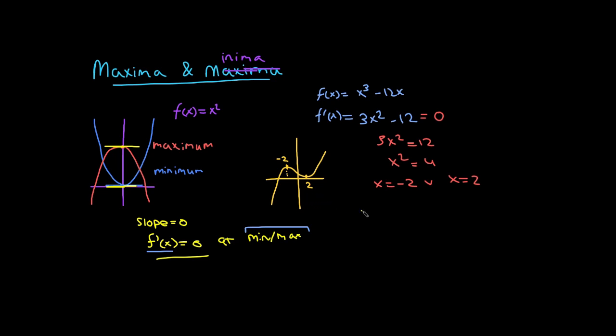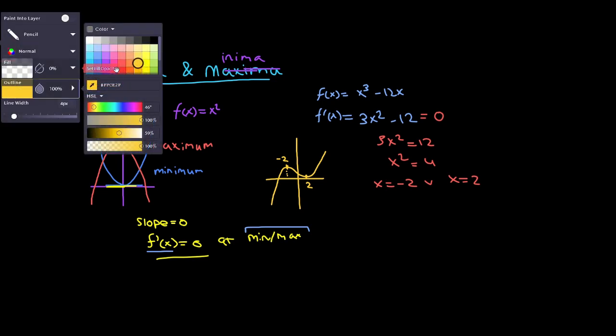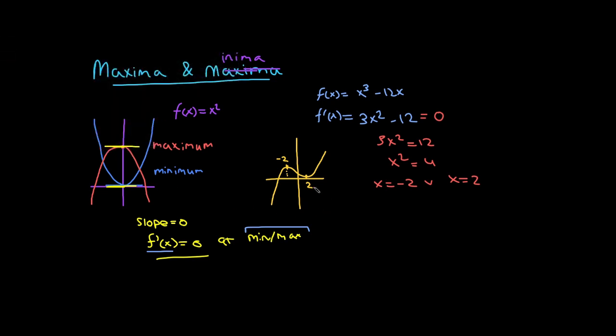Now the final thing to do, if you were to have an assignment like find the minimum value of this function, is to just plug the x values that you got by solving this equation into the original function, because the point is on the graph. So you'd plug negative 2 into f of x and get negative 8 minus 12 times negative 2, which is 16.